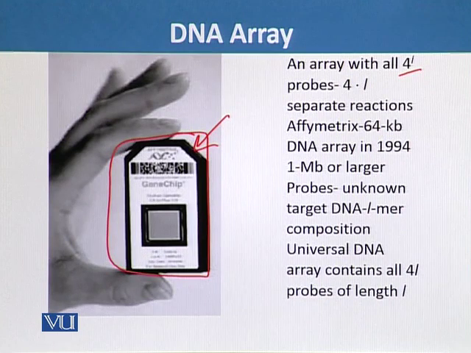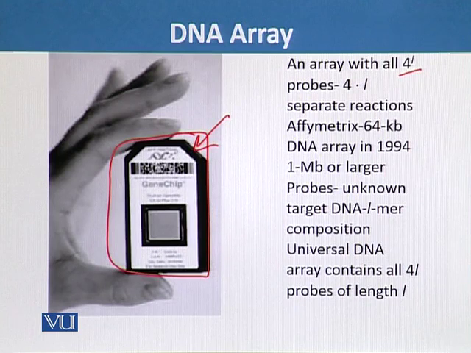Sequencing by hybridization relies on the hybridization of the target fragments against a very large array of short probes. In this manner, probes can be used to test the unknown target DNA to determine its L-mer composition.